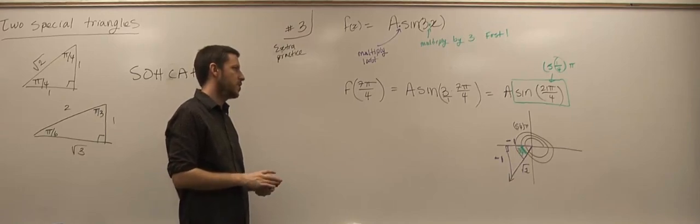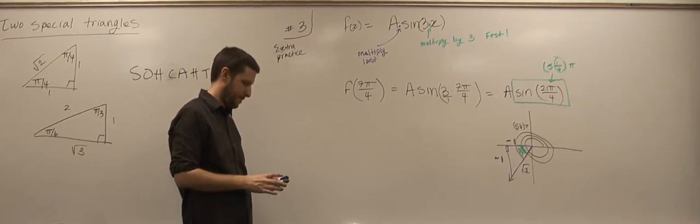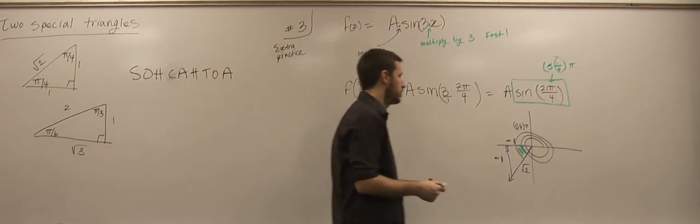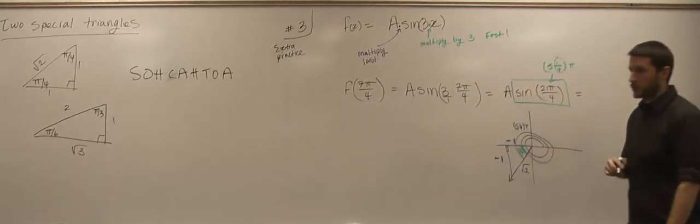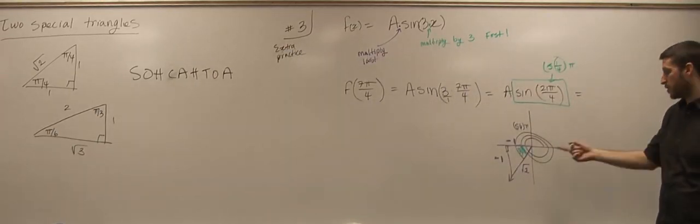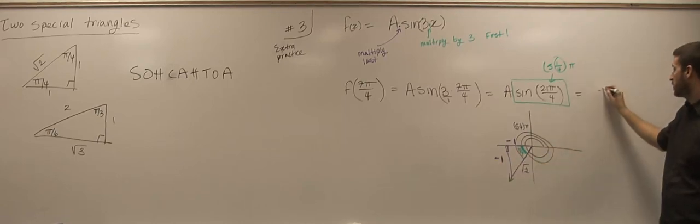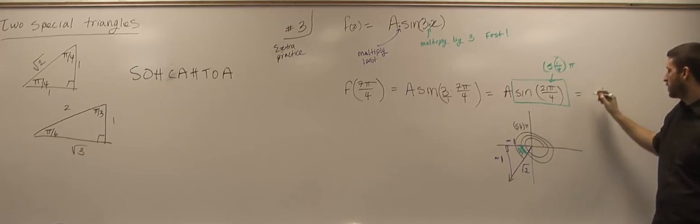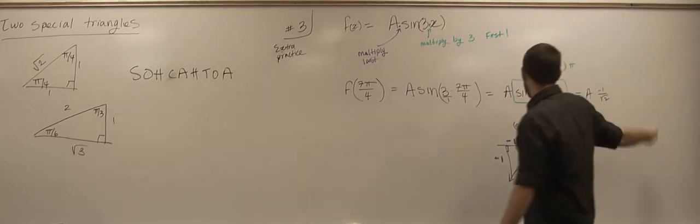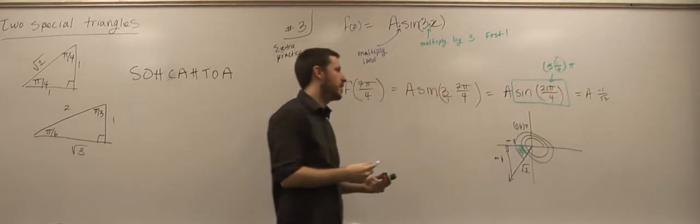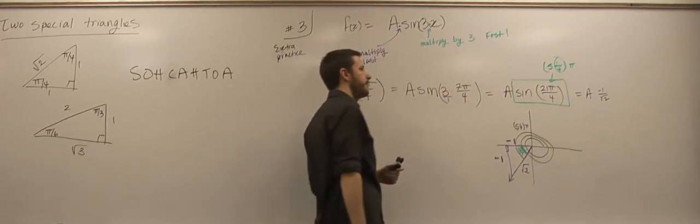So then what does sine of 21 pi over 4 equal? Negative root 2 over 2. Opposite over hypotenuse is negative 1 over root 2. But when you rationalize, remember we usually rationalize that root 2 and put it on the top.